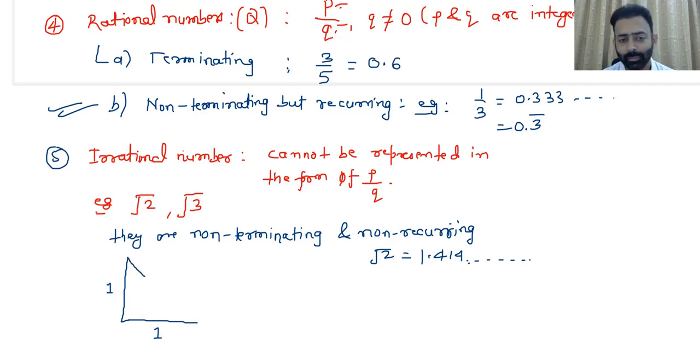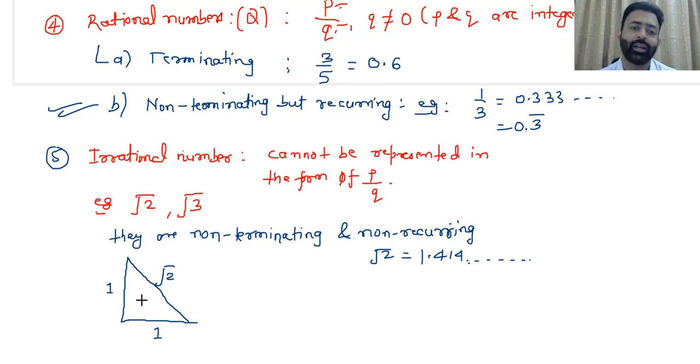If you find the hypotenuse of this triangle, you can form it practically. So this length will give you root 2. If we apply the Pythagoras theorem, this will give you 1 square plus 1 square, which is 2, so the square root of this will be root 2. So this length does exist in nature, right? So irrational numbers exist in nature.